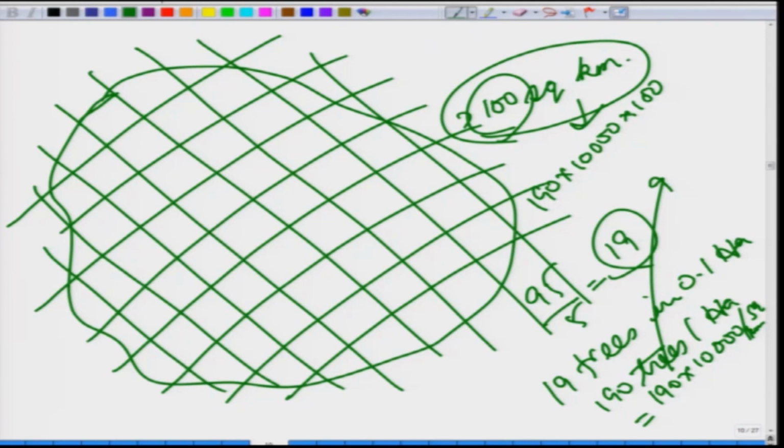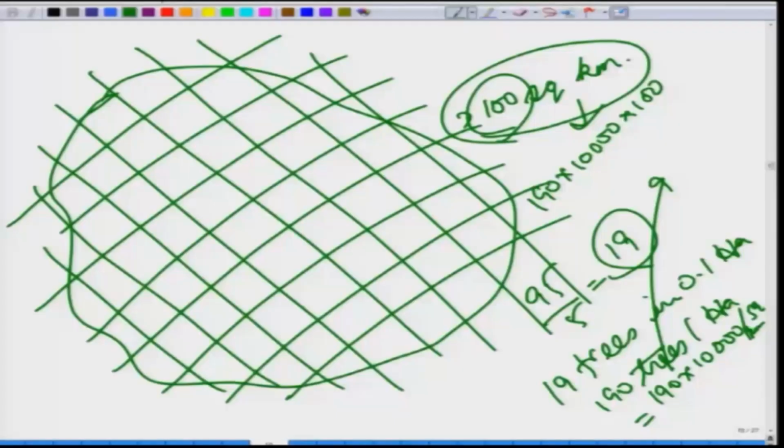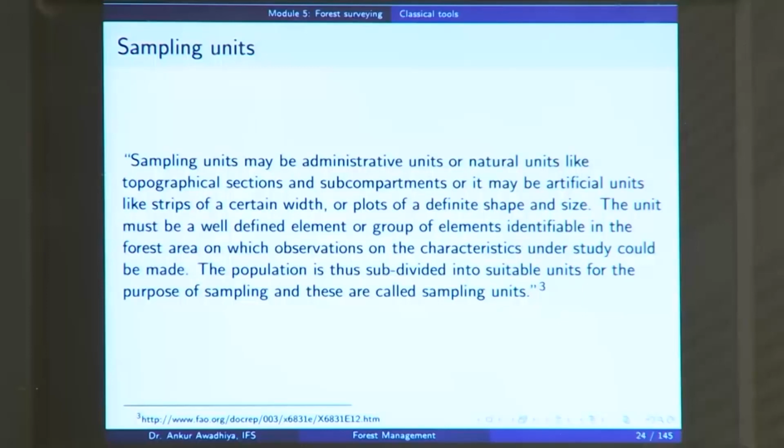Now, when you are dividing the whole population into these smaller areas, then you are making sampling units out of the population. So, suppose you divided your 100 square kilometers into say 10,000 units or 100,000 units, then we will say that we have divided the population into sampling units.